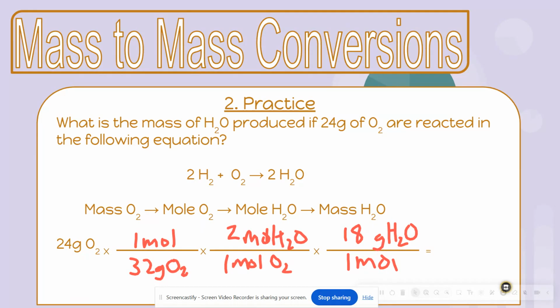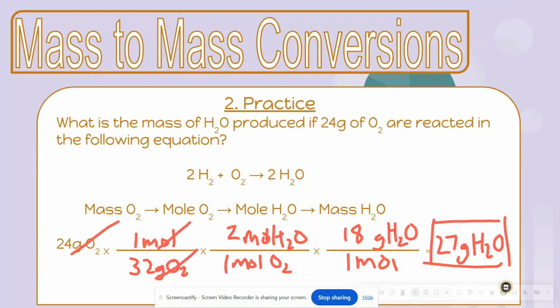So I do 24 divided by 32, press equals, times 2, press equals, times 18, and I get about 27 grams of H2O. Okay, your number should be somewhere near there. I can cross out my cancellations, if that helps you out. I'm left with grams of H2O.